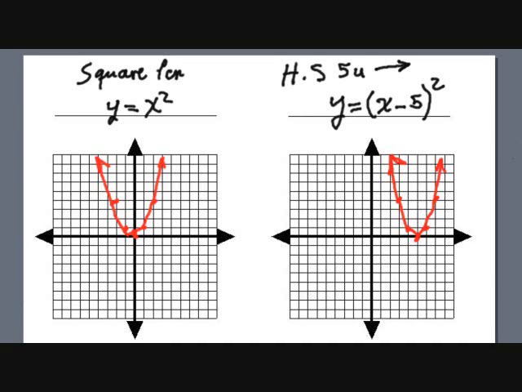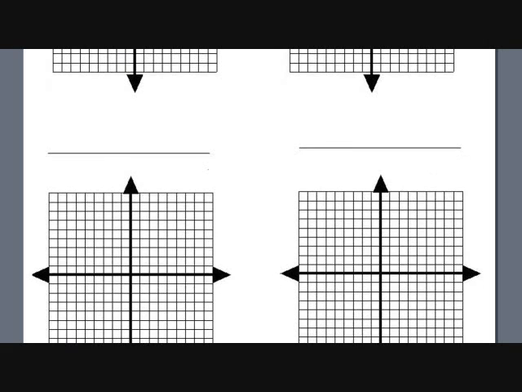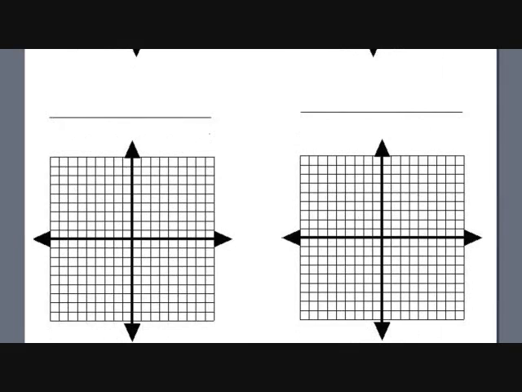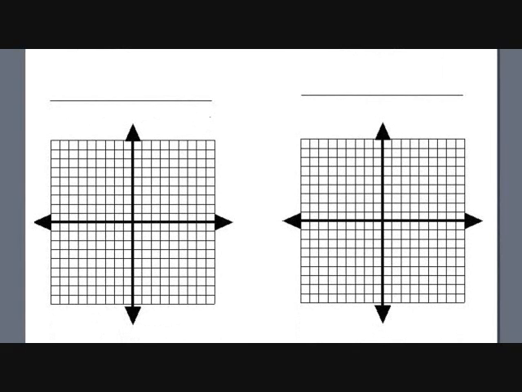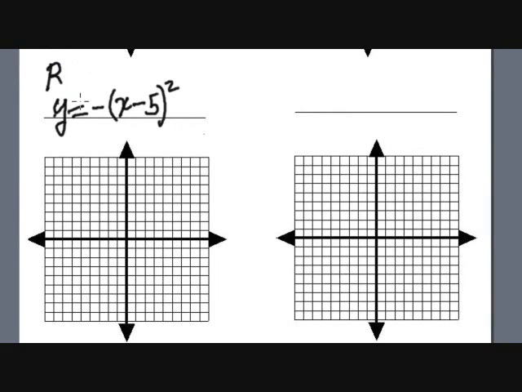Okay, the next transformation is y equal minus x minus 5 squared. That is obviously a reflection about the x axis.